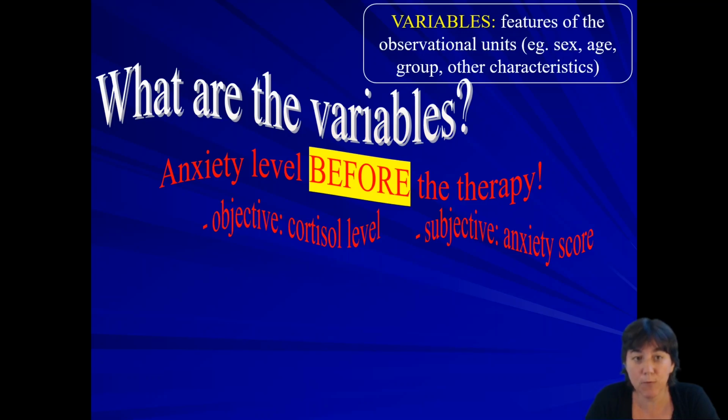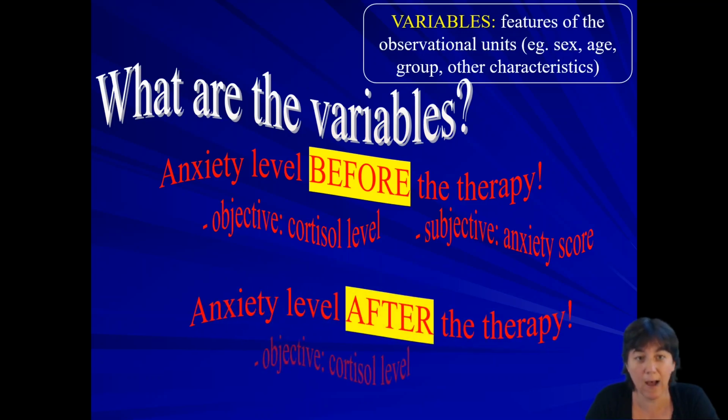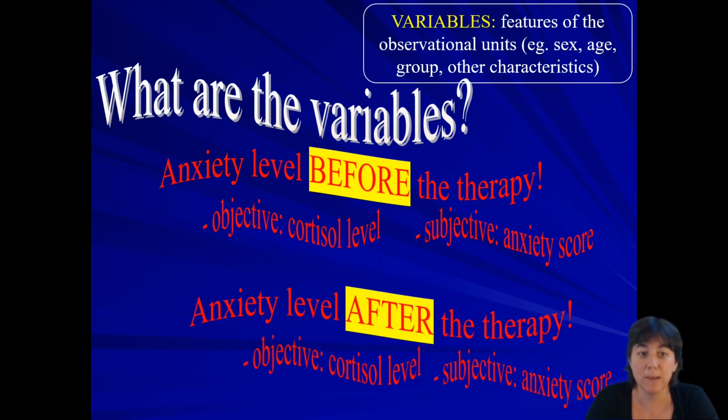And if there's a before, then probably there's an after as well. Here again, I have objective and subjective scores. And of course, we could be interested in age and sex and things like that. These could also be variables in my case variable matrix.